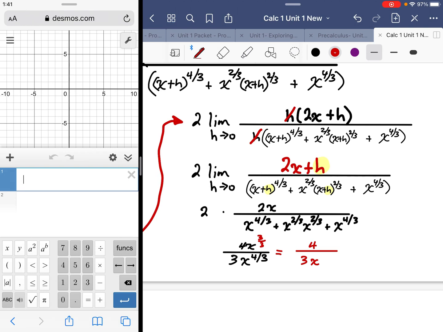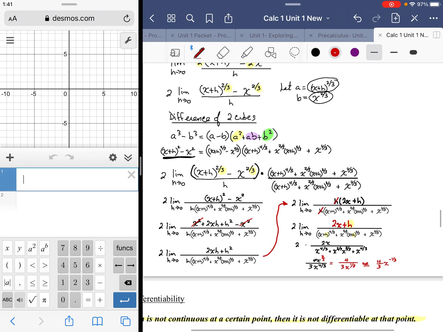So if you keep the base and subtract the exponent, subtracting toward the larger exponent, that would be 3x to the 1/3 on the bottom, or you could write with negative exponents and say 4/3 x to the negative 1/3. Either way would be fine.